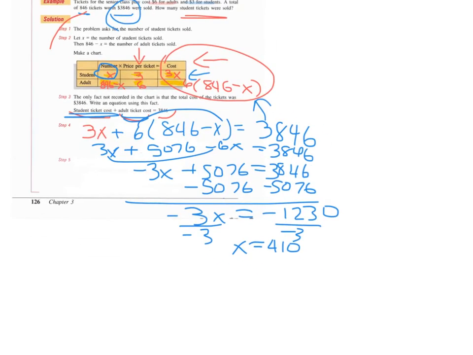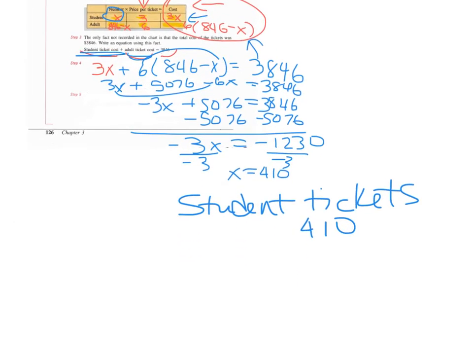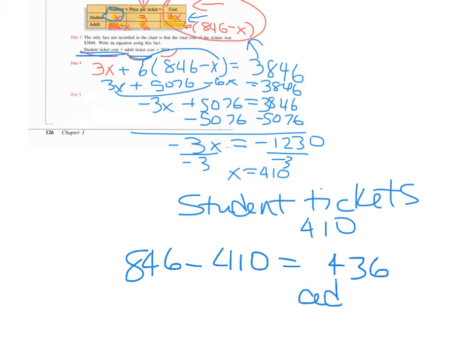So the number of student tickets is 410. The number of adult tickets, remember from my chart, is going to be 846 minus x, and x was 410. So the number of adult tickets is going to be 436. So 436 adult tickets.